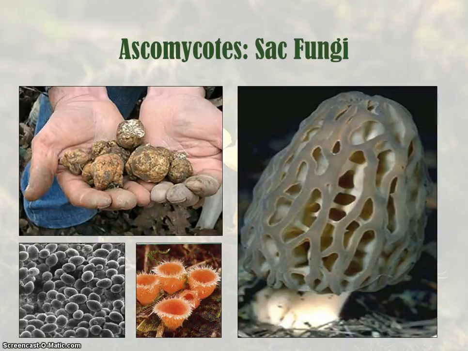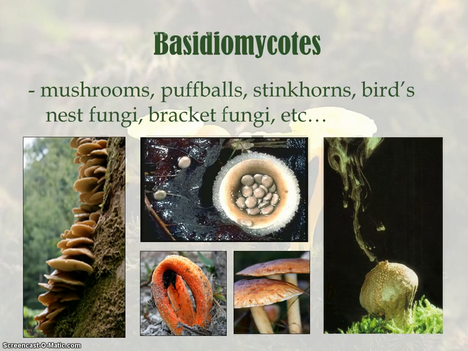The ascomycotes are the types of fungi that form sacs or bags with their structures. Here are a few pictures where you can see the sac-like structures of these particular fungi.